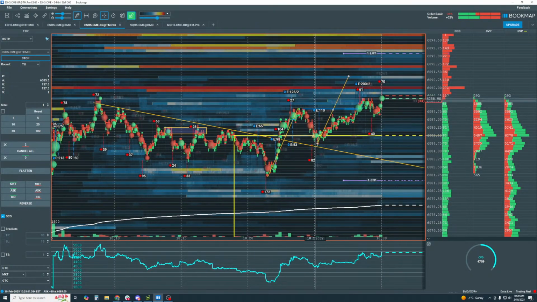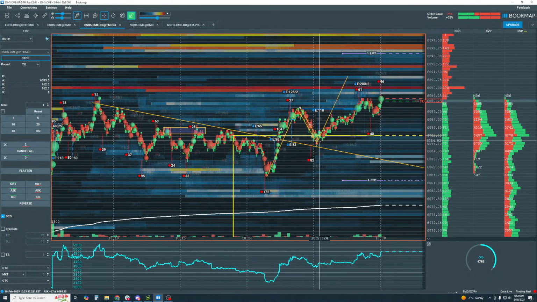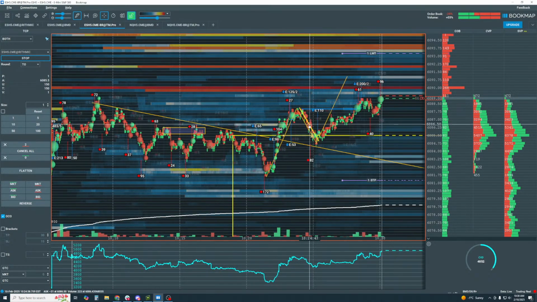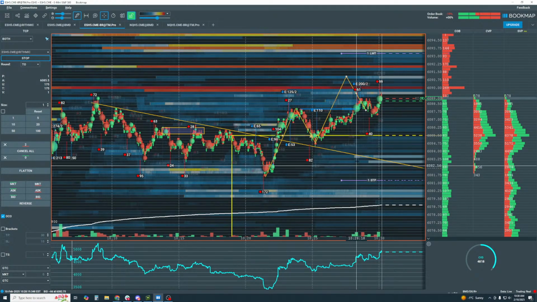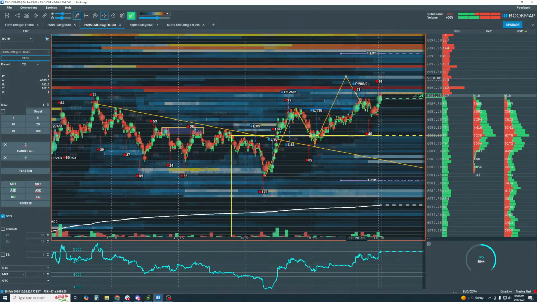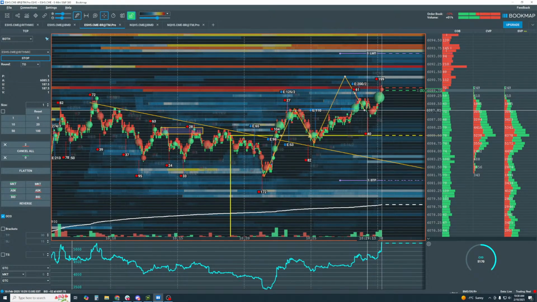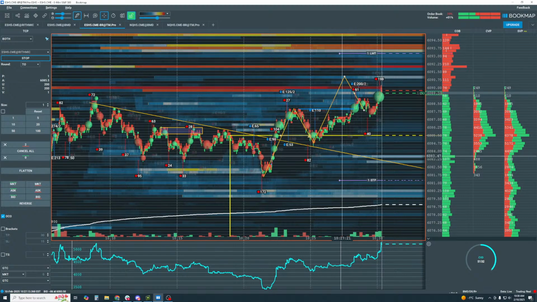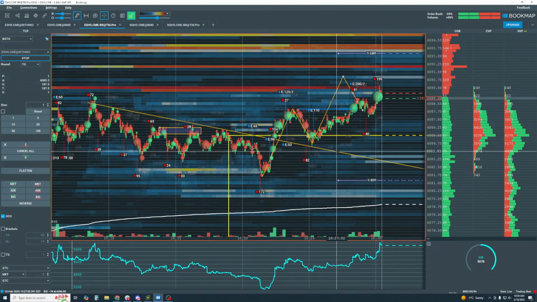We can also look at pullbacks. So this is the pullback here. Where might the pullback occur, if it does, and how many points will it be? Here from 91 down to 88 or so, so about a 3-point move on the pullback.